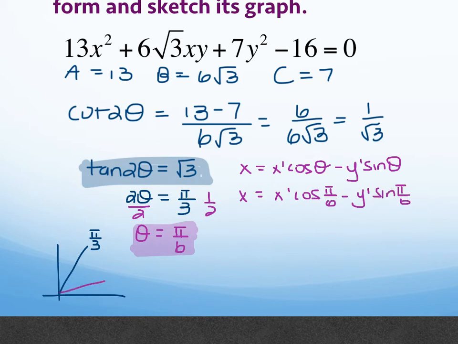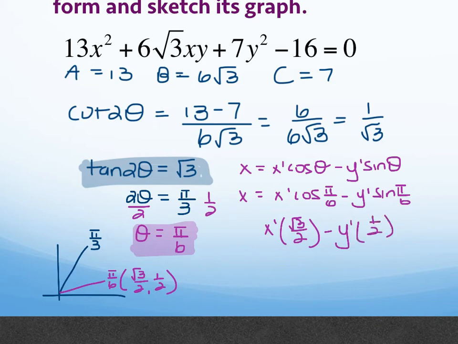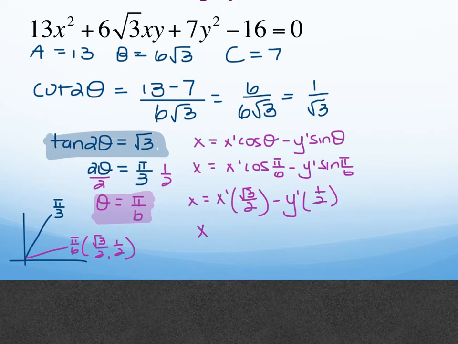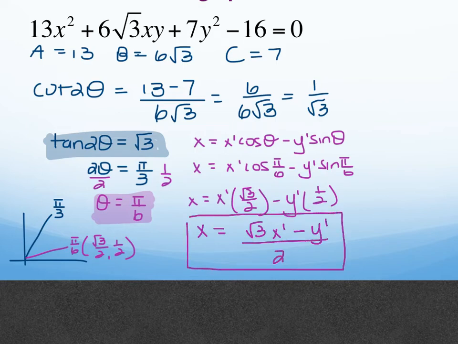And you're going to remember that pi over 6's point is root 3 over 2 and 1/2, which makes cosine root 3 over 2 and sine 1/2. And then we're going to put them all on 1. So this would be x equals root 3 x prime minus y prime all over 2. That's the x.